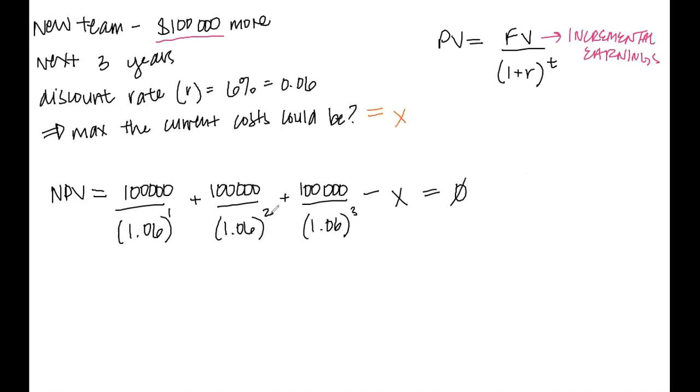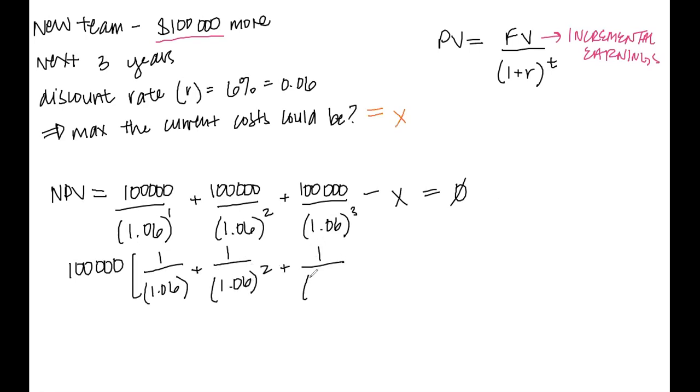I think I did it in a problem last week. What I'm going to do is factor this $100,000 out to leave 1 over 1.06 plus 1 over 1.06 squared plus 1 over 1.06 cubed, minus x equals 0.